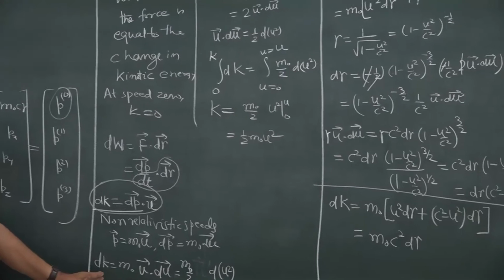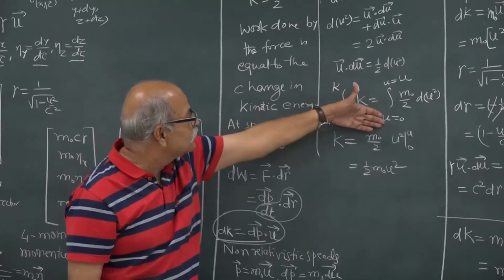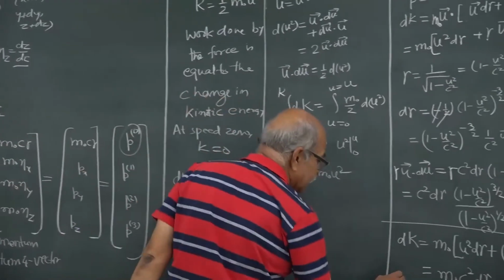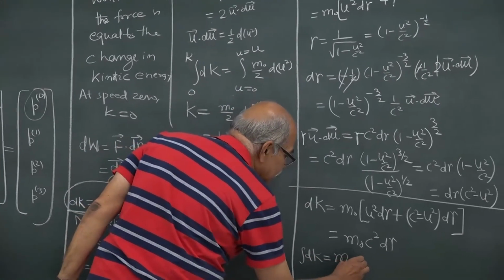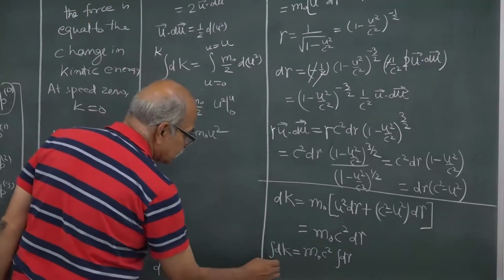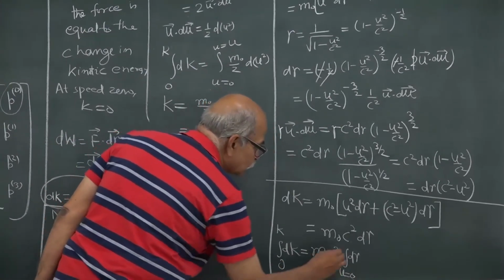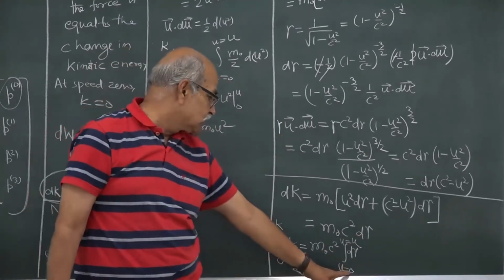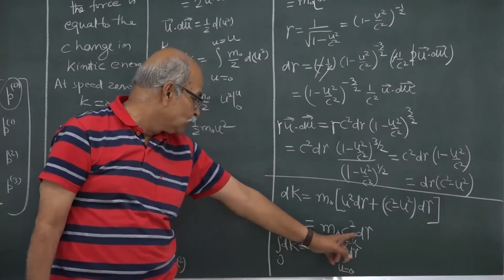So after that, what did we do? After getting all these things, we integrated from 0 to k and u going from 0 to u. dk is equal to m naught c square, which is constant, and therefore this is just d gamma. So at u equal to 0, there is some value of this gamma, and at u there is some value.